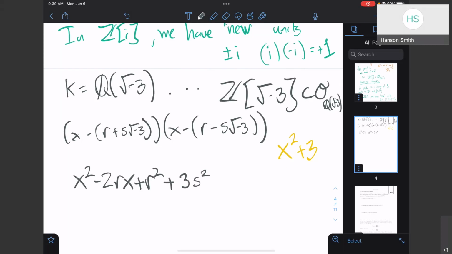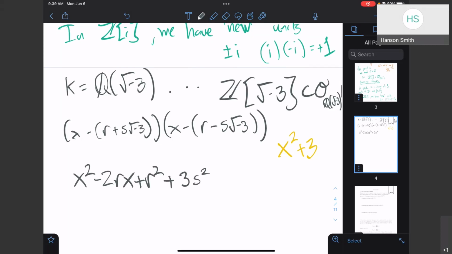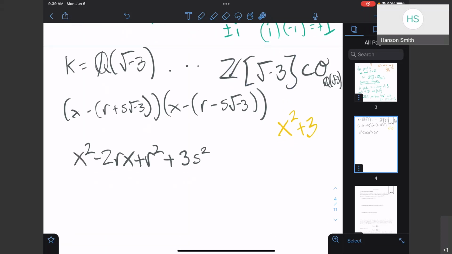Oh yes, awesome, thank you so much. Got too excited about the 3. Now we do the same thing as before to figure out that if r and s are both integers, then this is a nice monic integer polynomial. So we get Z adjoin the square root of minus 3 as our ring of integers. If r is a half integer, then 2r is twice a half integer, so it's an integer.